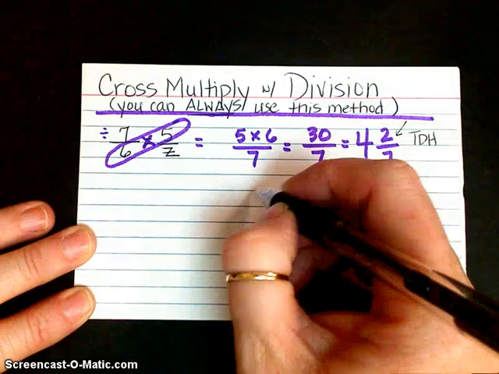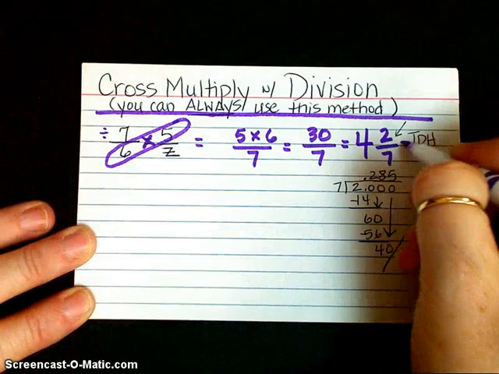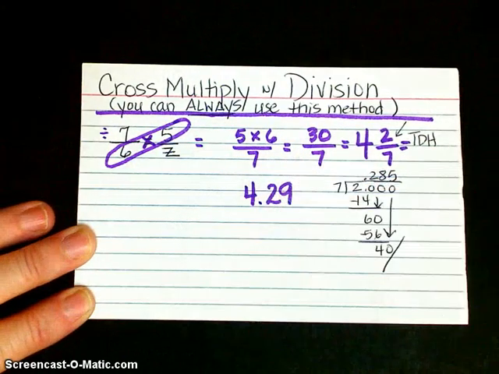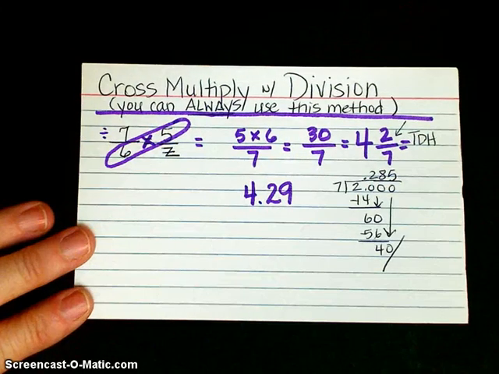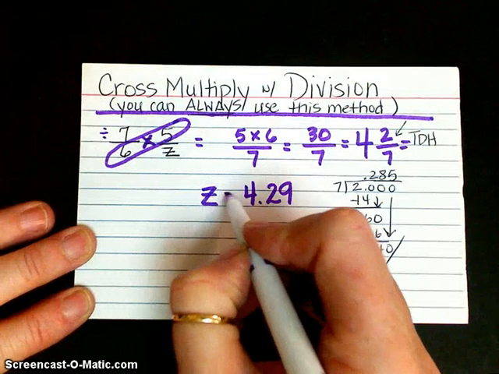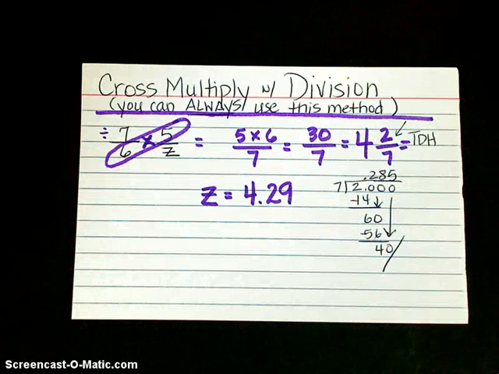I know that this is going to equal 4.29. So Z equals 4.29.